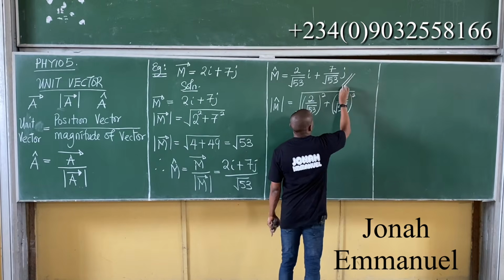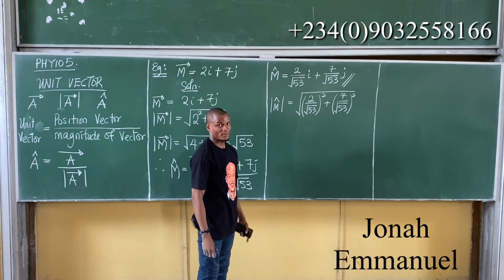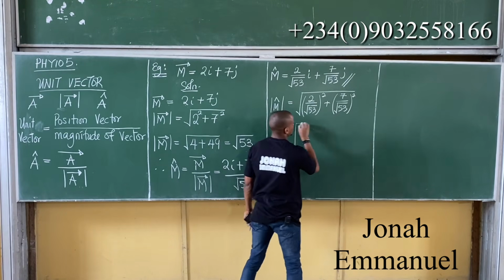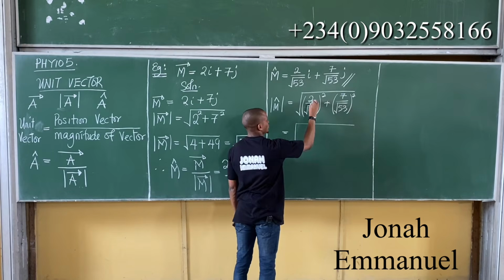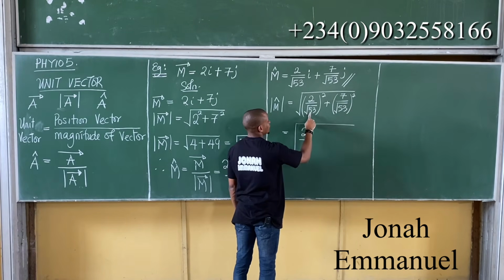Now, while this is the end of the example, we are trying to prove that this is exactly a unit vector. So if I work on this, squaring gives you 2 squared all over root 53 squared.